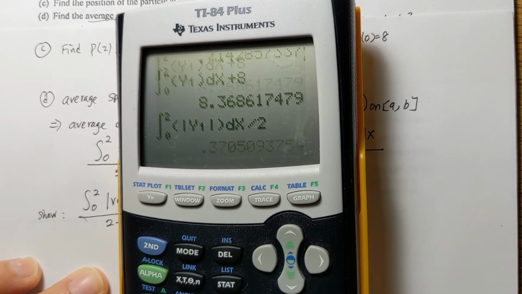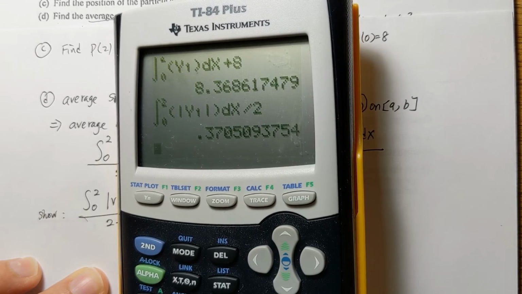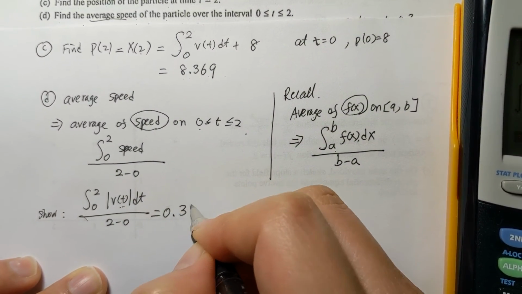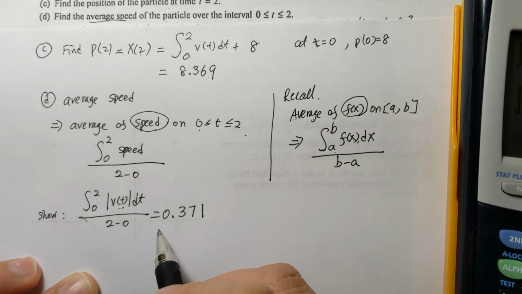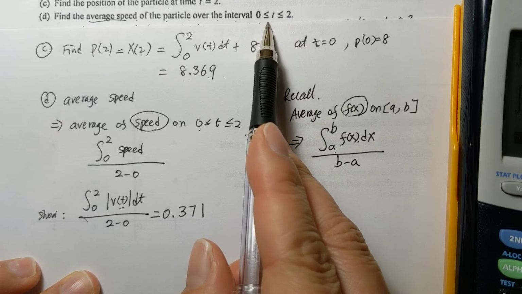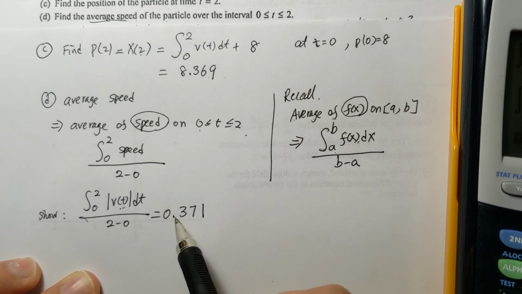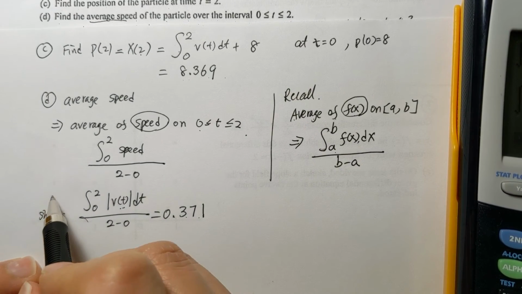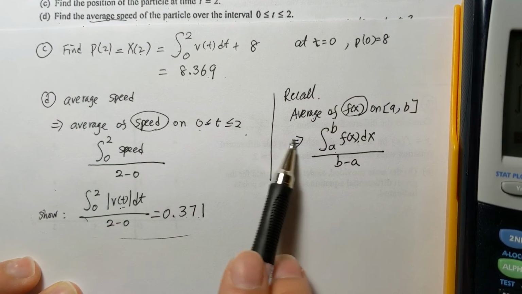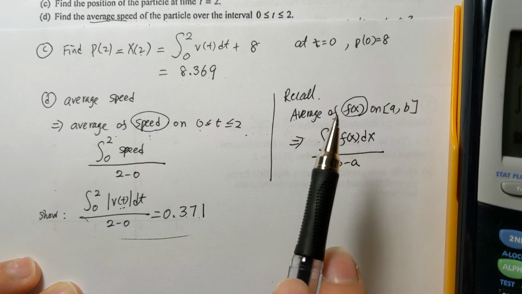So we do it together. So we got 0.371. So the average speed for the particle over the time interval 0 to 2 is 0.371. So you only show this much. All these are behind the scenes. You don't need to write this.